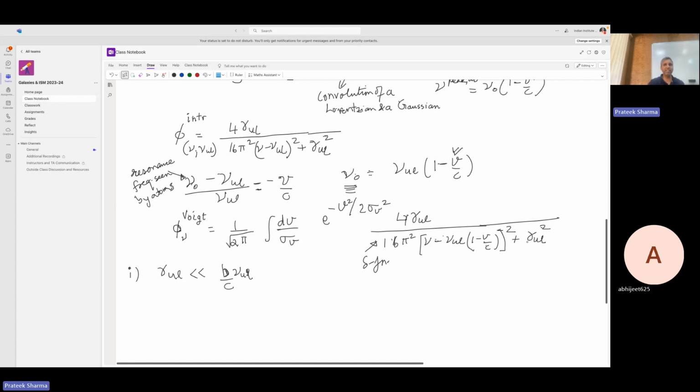If we replace it with a delta function, delta of nu minus nu UL times 1 minus v by c, and then we integrate this, all you have to do is appropriately replace v by nu minus nu UL and things like that.